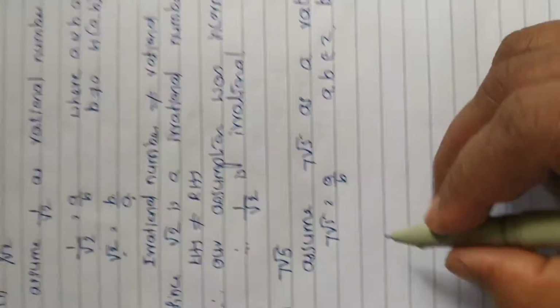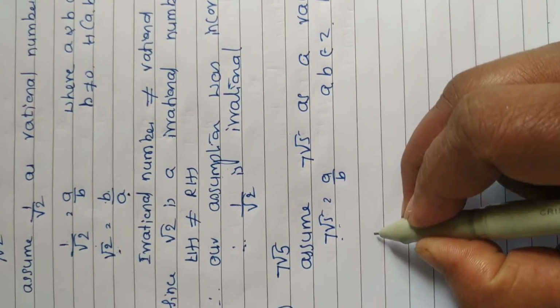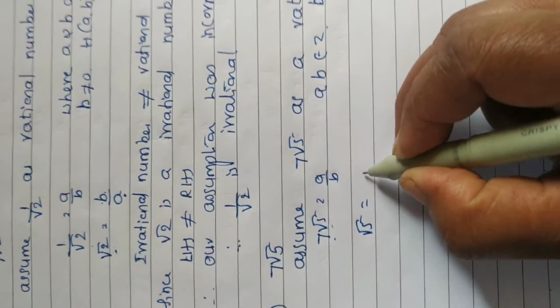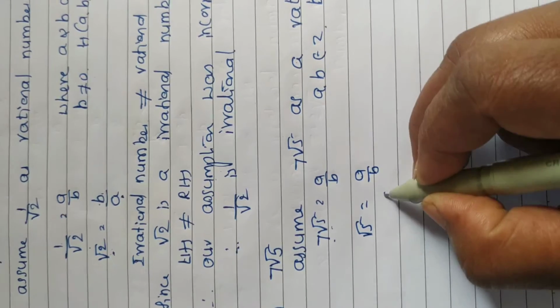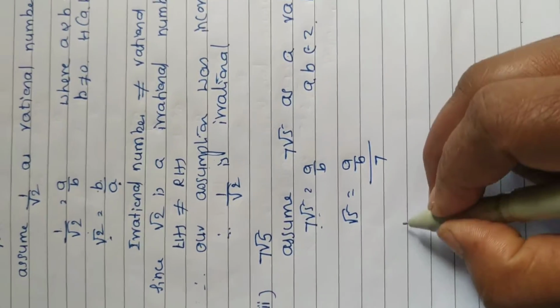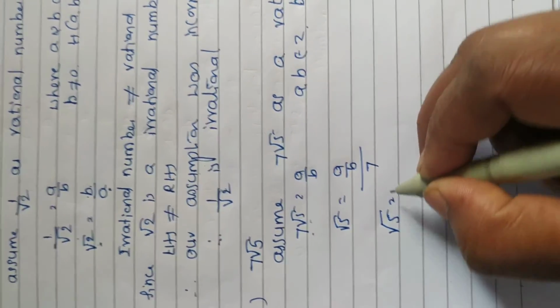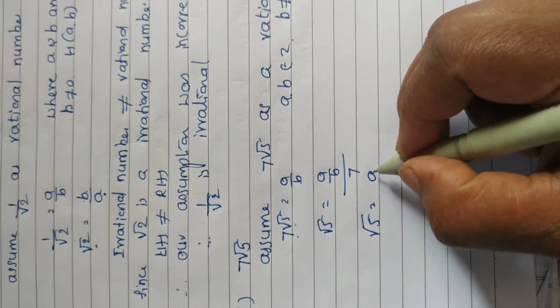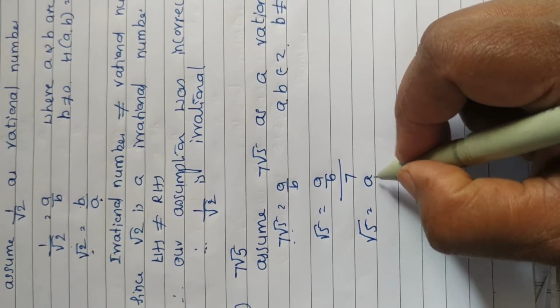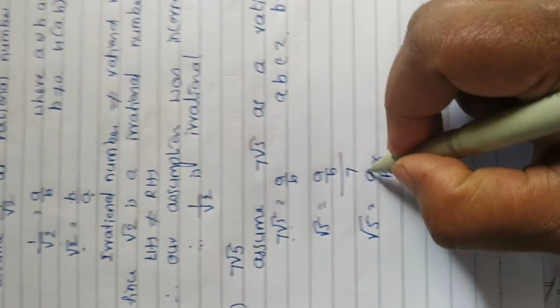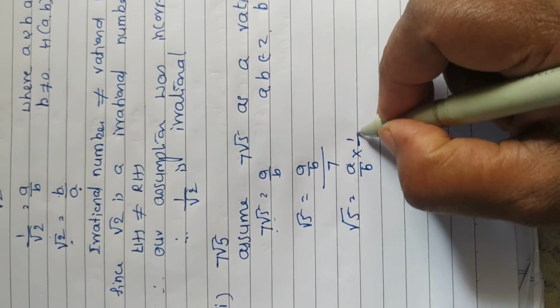So here 7 root 5 is a by b. Therefore root 5 is equal to a by b divided by 7, that is a by b into the reciprocal of 7, which is 1 by 7.